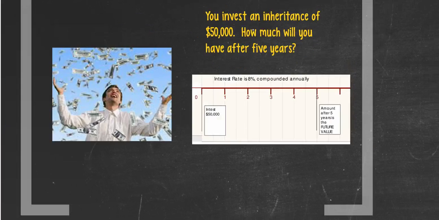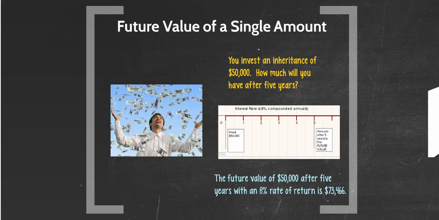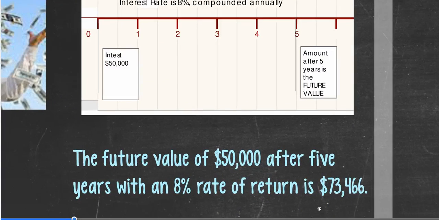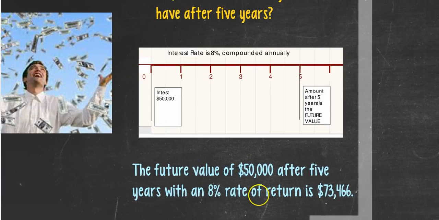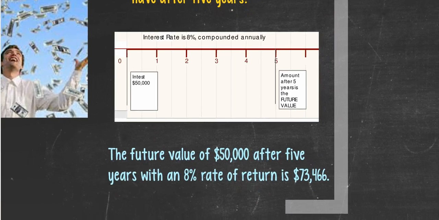What is the future value of $50,000 in 5 years? We can say that the future value of $50,000 after 5 years with an 8% rate of return is $73,466.